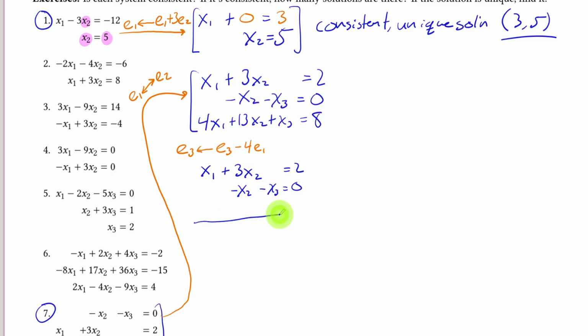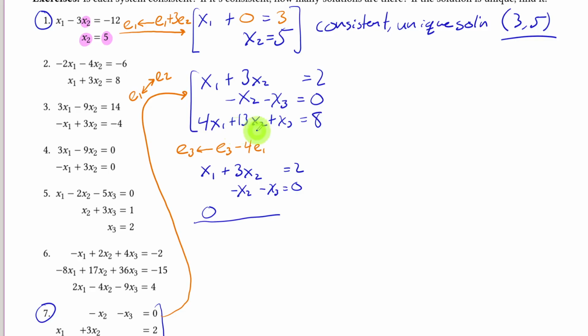And the third equation now, I'm not actually going to write out this whole thing minus 4 times this whole thing. We're going to distribute the minus 4 into it and then combine the like terms and do it all at once. So 4x1 minus 4x1 is 0. That was the whole reason we did that. Then we have 13x2 minus 4 times 3x2.